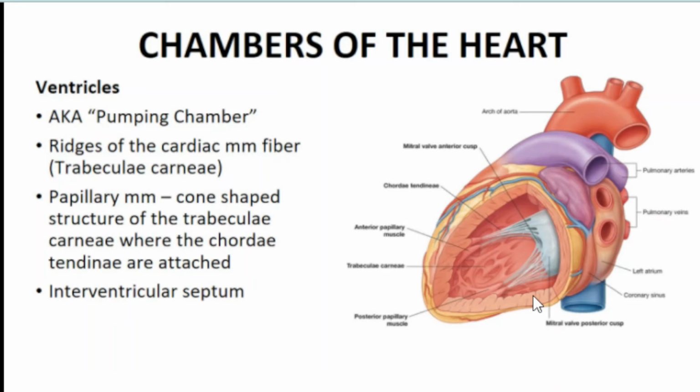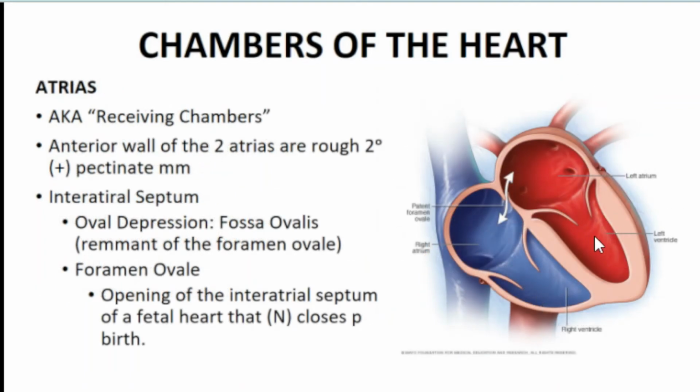And similar to your atria, ang ating ventricles, they also have a wall separating the two of them, and we call that interventricular septum. I think this image is a little bit better. This is your right ventricle, which receives deoxygenated blood, and this is your left ventricle, which receives oxygenated blood coming from your left atrium.